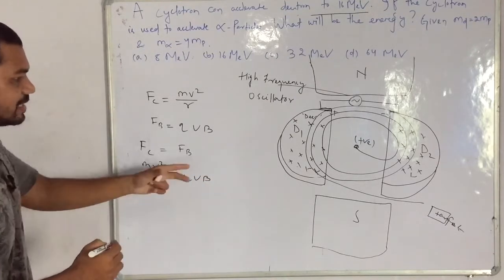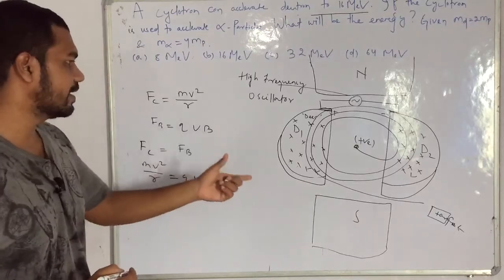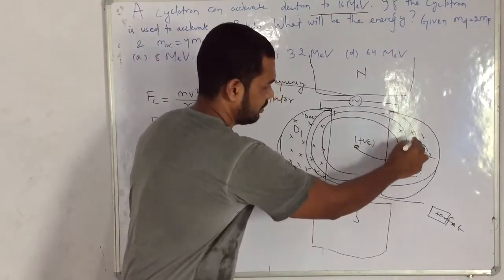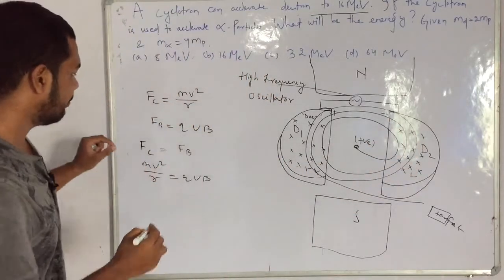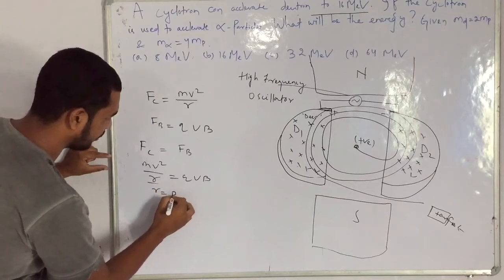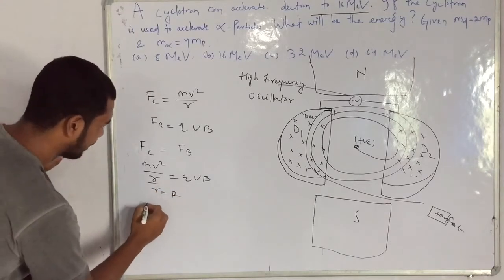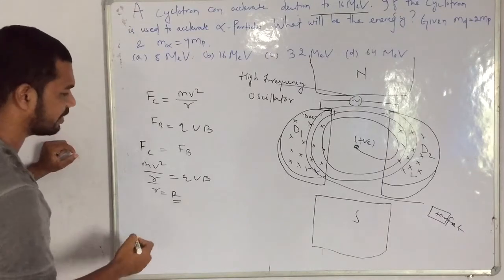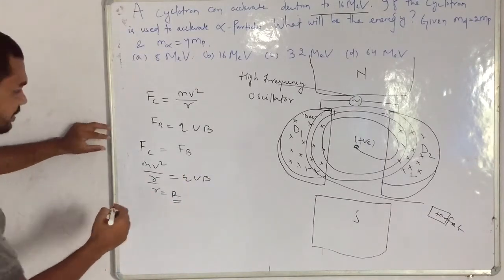For the maximum energy of the charged particle, it follows the maximum orbit for which the radius r equals capital R. So we can replace r with capital R, where capital R is the radius of the periphery of the D's.